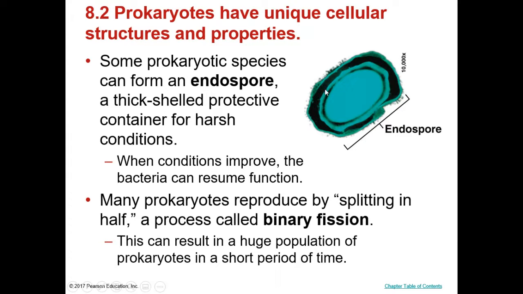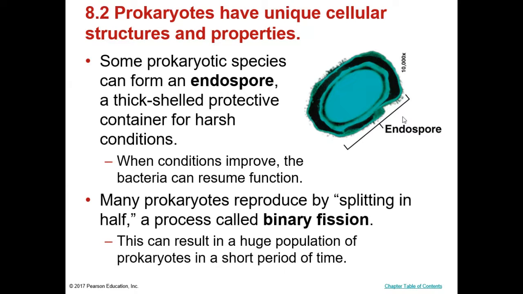In case the bacteria face harsh conditions where they cannot thrive, they're going to produce endospores and release them into the environment. This endospore will ensure that the bacteria survives once environmental conditions are okay for the bacteria to thrive again. They can exist for thousands of years, just waiting for that environment to become better again.